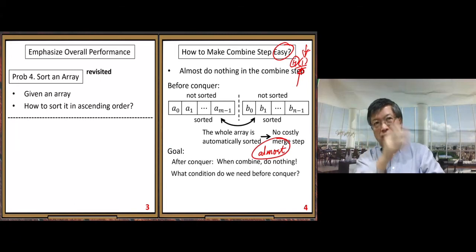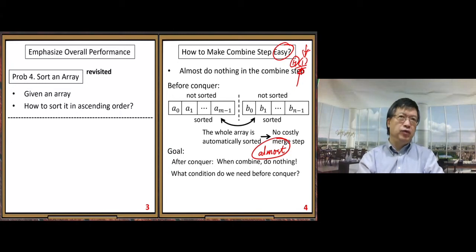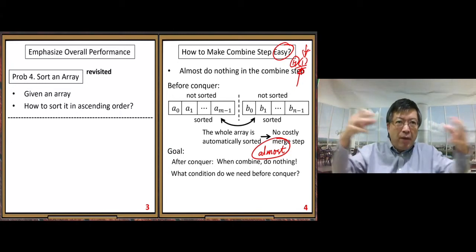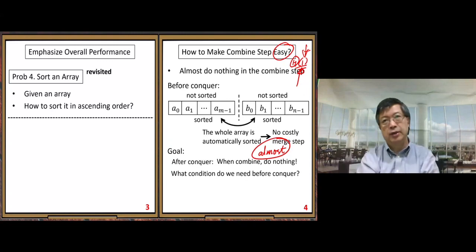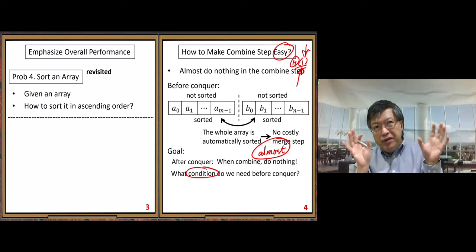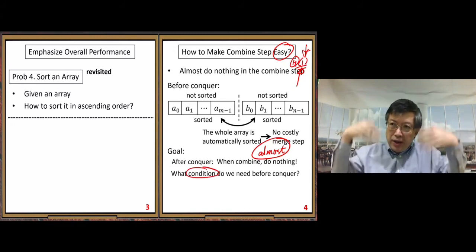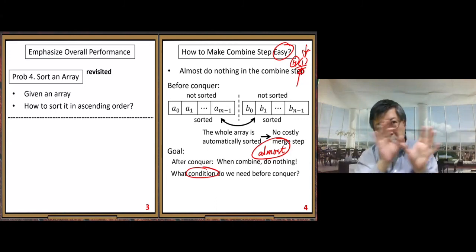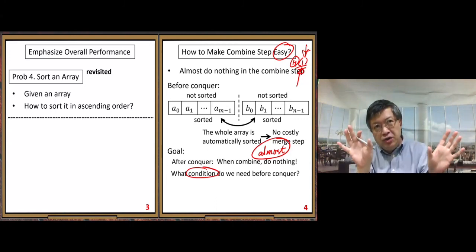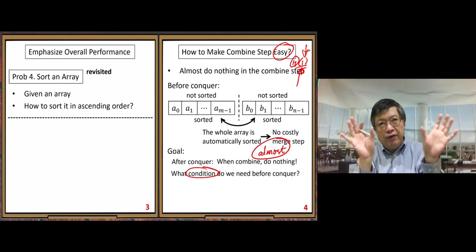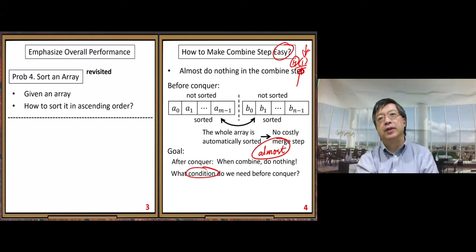Now that condition, we really need to find it. What condition do we need to support this property? Based on our analysis so far, can you imagine that special condition we really need for this step? That condition is not very complicated, but pretty straightforward.